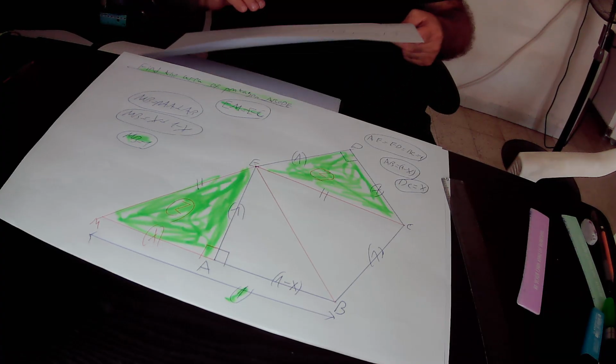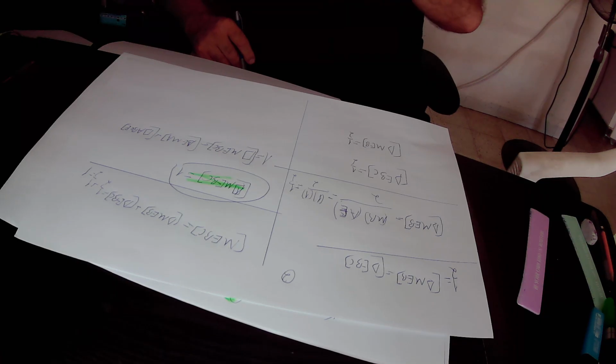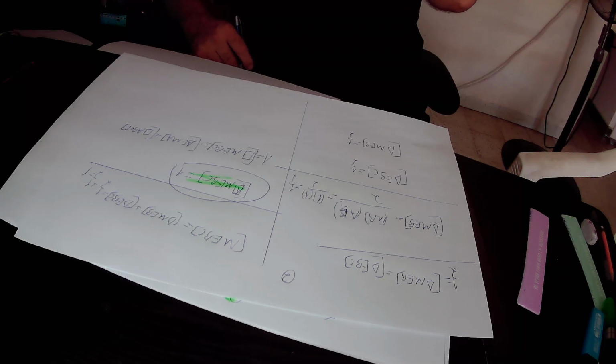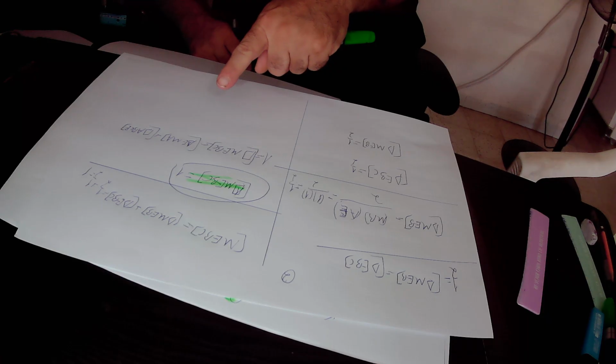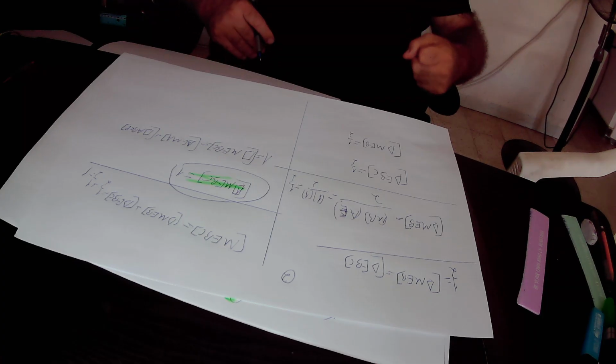And again, the area of the big quadrangle MEBC must be equal to the sum of the areas of the two shapes that it consists of. It consists of one, EMA, and the other, ABCE.